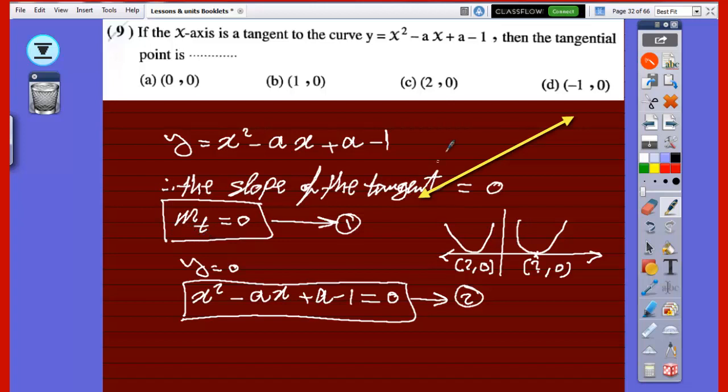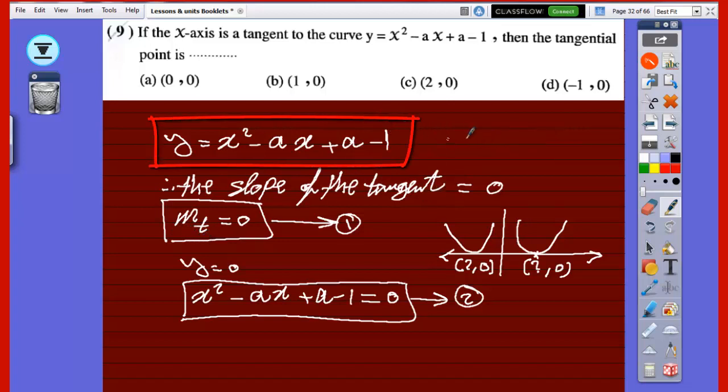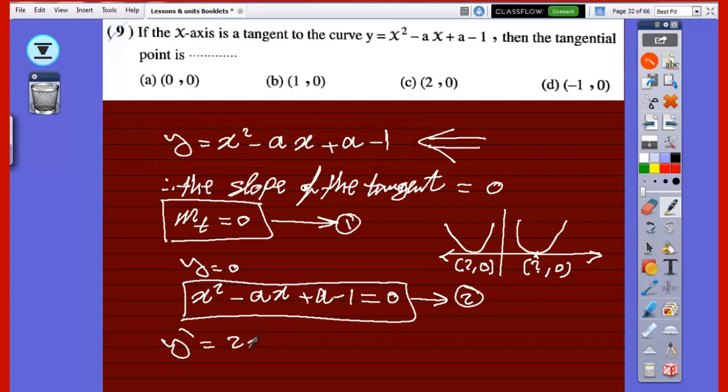By differentiating both sides with respect to x, we have y dash equals 2x minus a. Of course, the derivative of a is 0, the derivative of negative 1 also is 0, the derivative of x squared is 2x, and the derivative of negative ax is negative a.